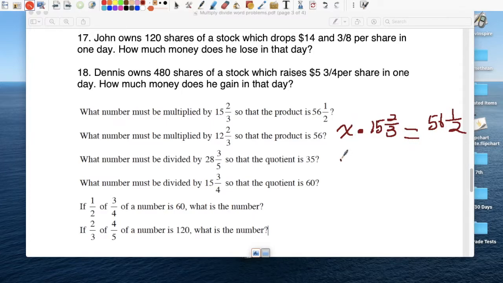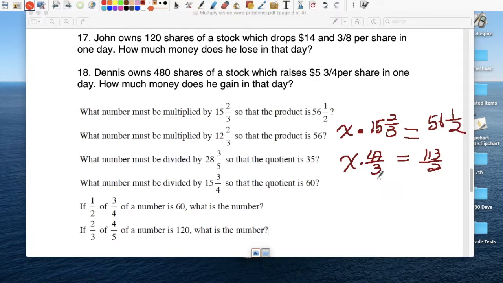So x times, let me just write, 3 times 15 is 45, so this is 47 over 3. So it's x times 47 over 3 is supposed to give me 56.5, or in this case, 113 over 2, because I'm changing it to an improper fraction.